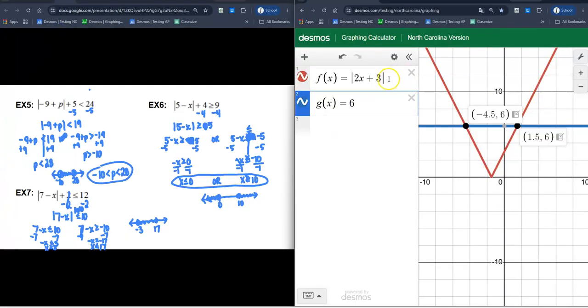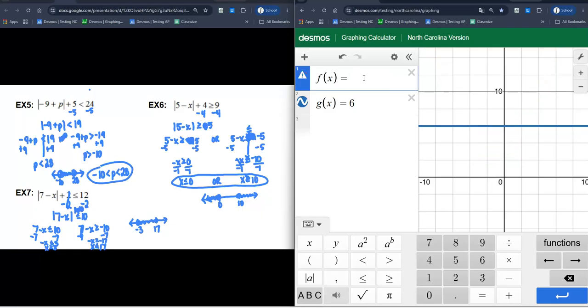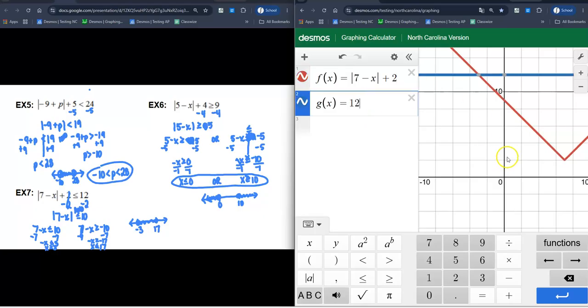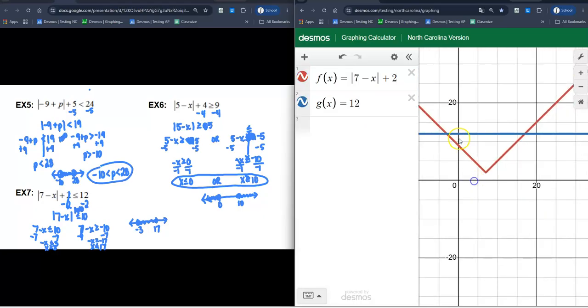Okay, we're just going to do f of x equals left side, which is the absolute value of 7 minus x, plus 2. And then the right side is 12. Okay? That will get us our numbers, -3 and 17. All right, so we could get that part without actually doing anything.